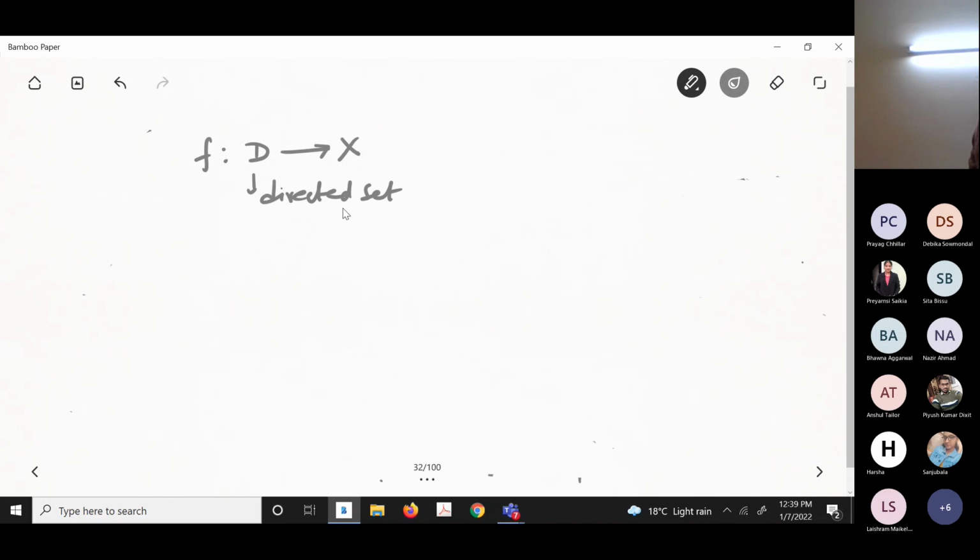When I say this is a directed set, if you don't mention it, it is understood that you have a relation which is reflexive, transitive, and cofinal. And f of lambda we denote by x lambda. Like a sequence, the whole function is often listed like this.